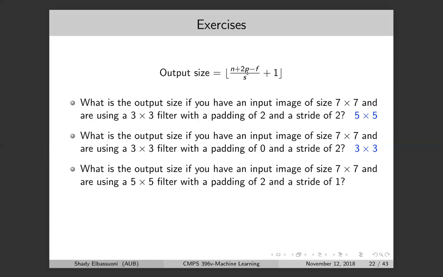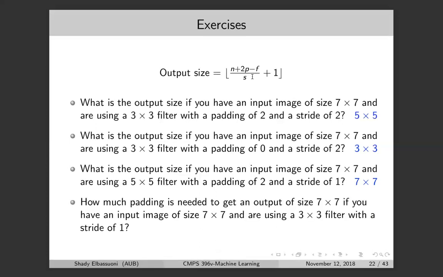I have 7 plus 4, that's 11, because you have a padding of 2, minus the filter, which is 5, that's 6, over 1 is 6, plus 1, that's 7 by 7, exactly.